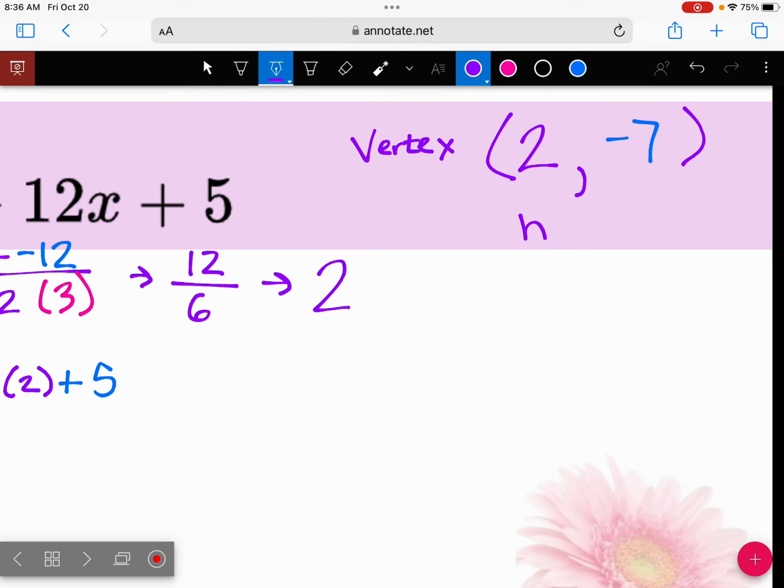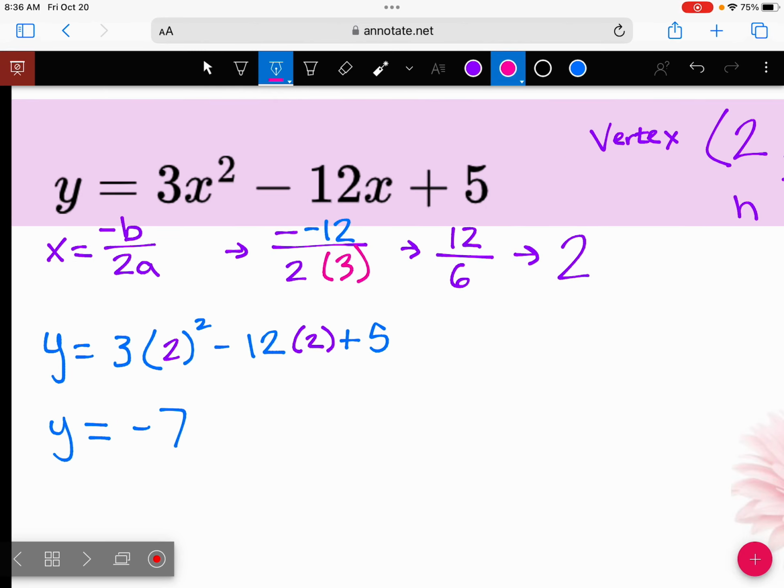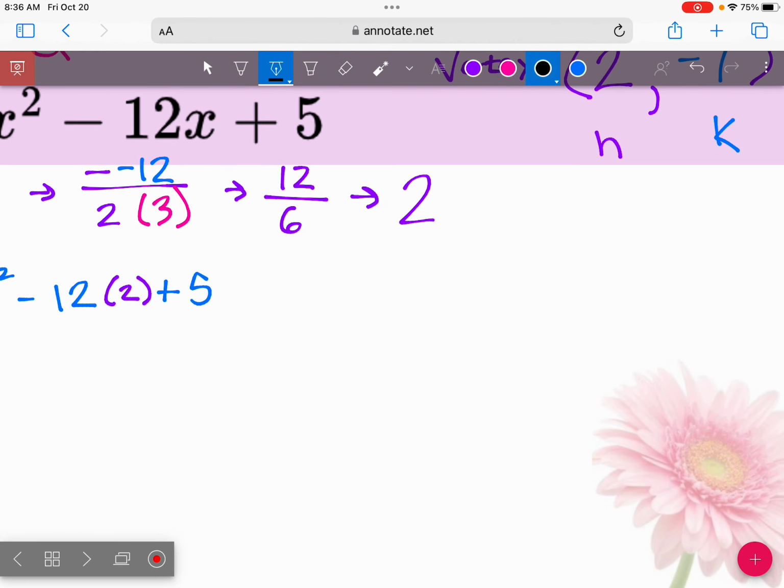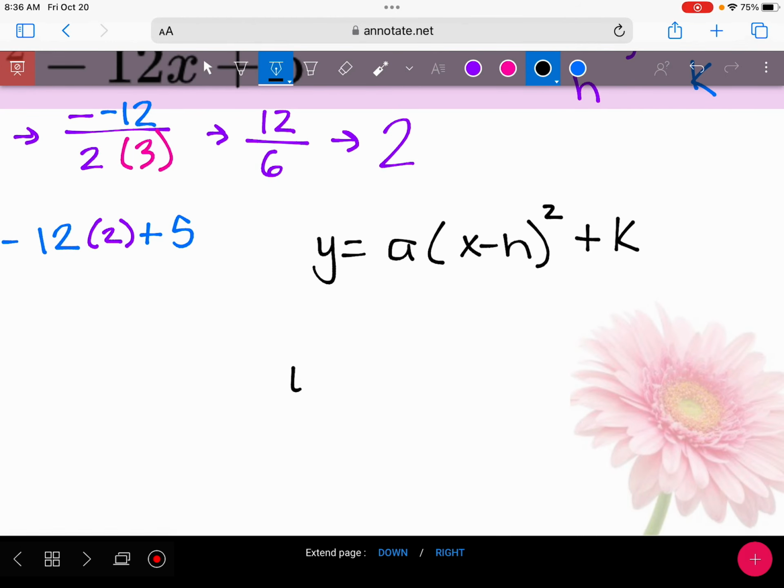Again, this is my H. This is my K. And we know our A. We used it in our axis of symmetry. It's that guy. I know A, I know H, I know K. I can write it into my vertex form. Y equals A(x minus H) squared plus K. So Y equals, what's our A value? 3.